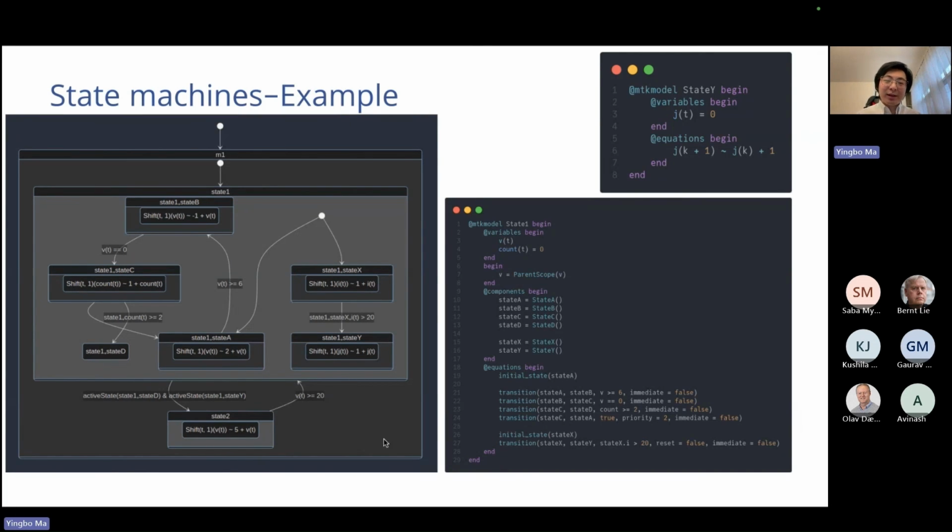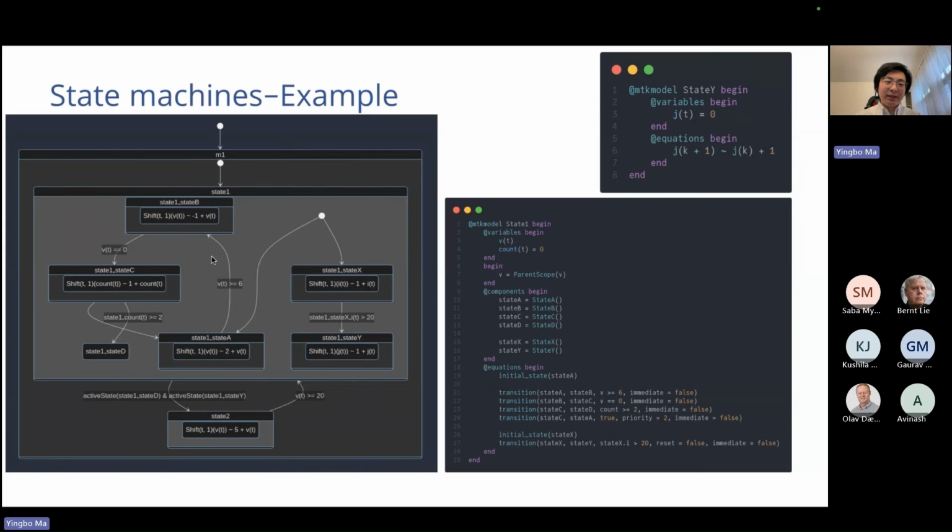So we have familiar concepts of instantiating state machines, declaring that state A and state X are initial states, and we have transitions between the states and the conditions for the transitions. And we also have implemented visualizations for the state machines.